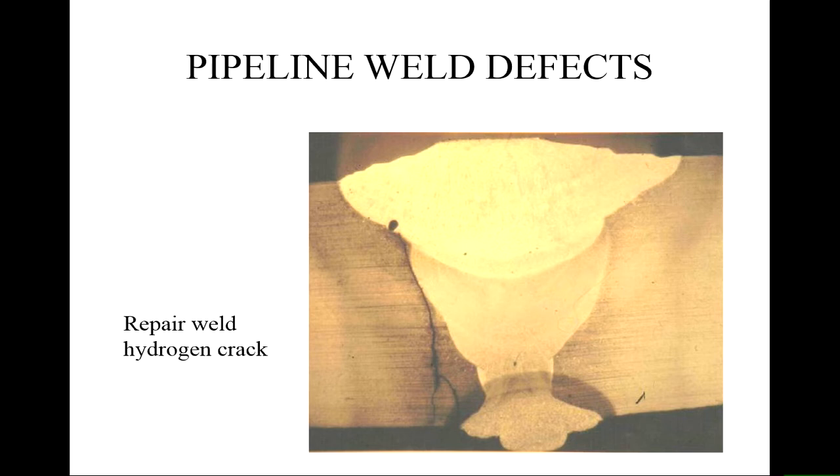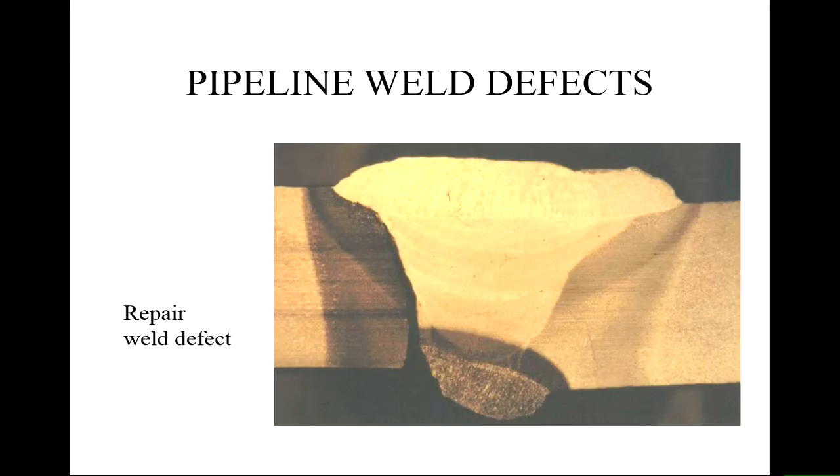And you can see here that judging by the color, the heat affected zone was very intense in the area near the root. So the crack that we have here propagated through the heat affected zone, and it was caused by an improper repair.